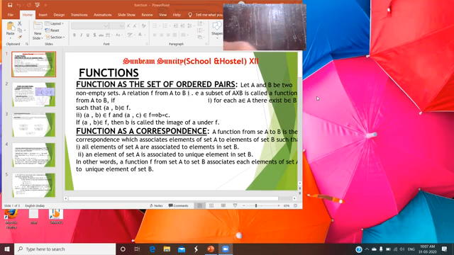Okay. So in this way you have the function, and there is a vertical line test to identify whether the given curve is a function or not.